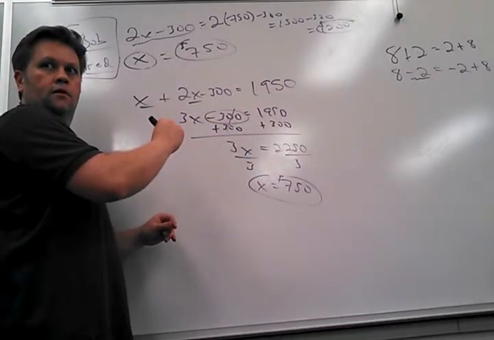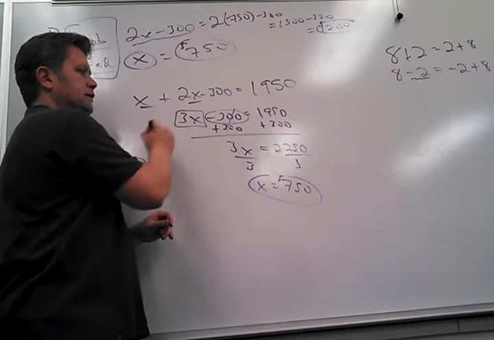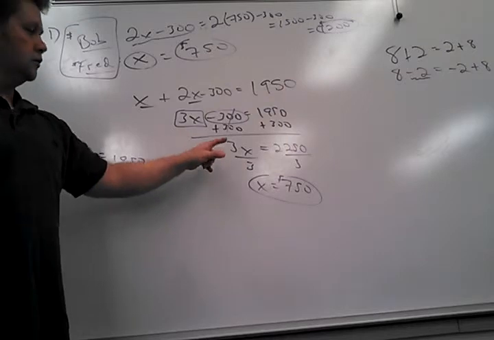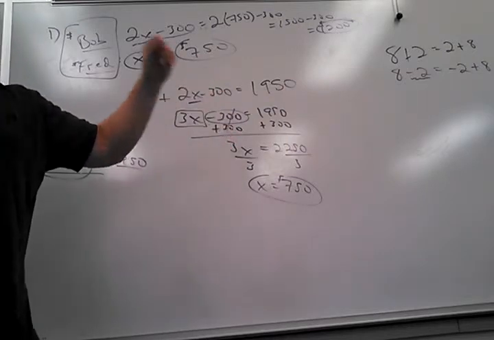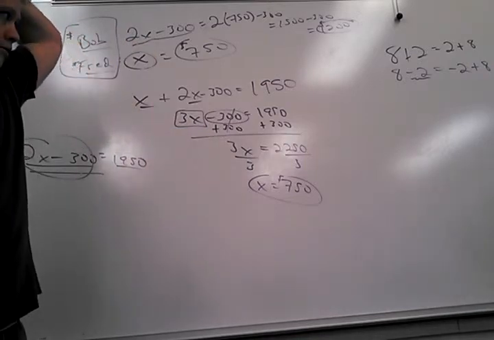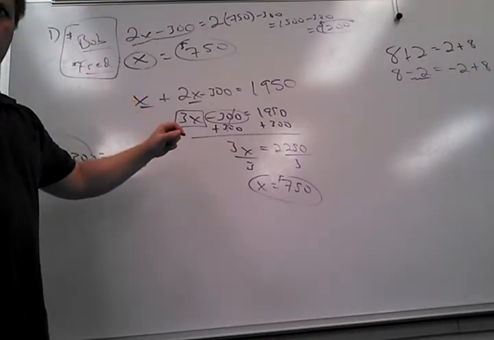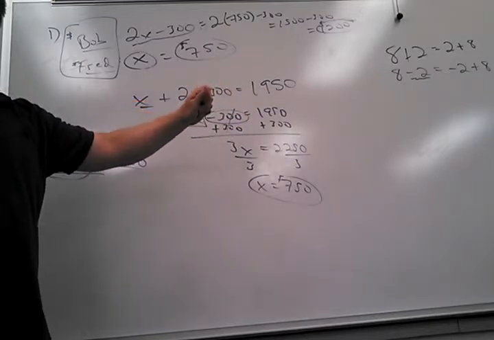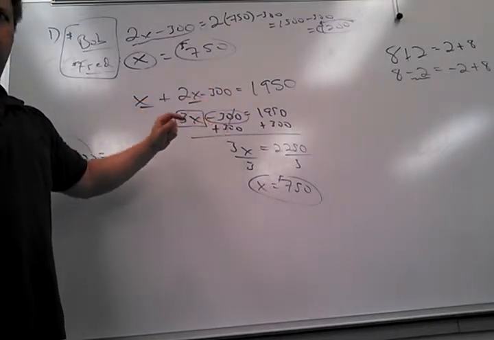So how do you get this by itself? You get rid of minus 300. How do you get rid of minus 300? You add 300. You do the opposite of what's being done. That's how you solve that equation. 2250, yeah.